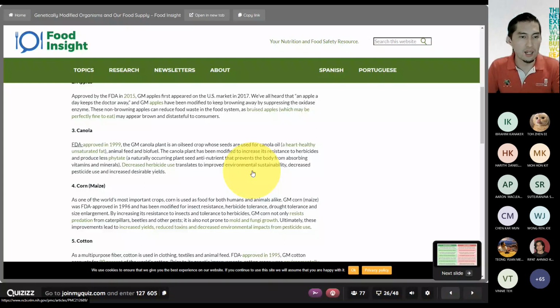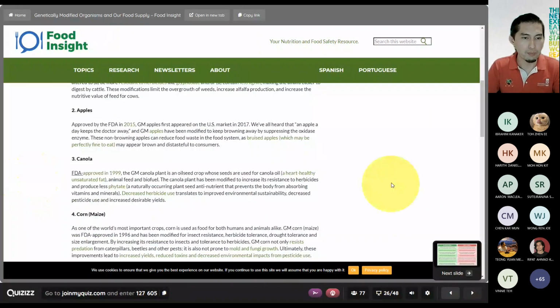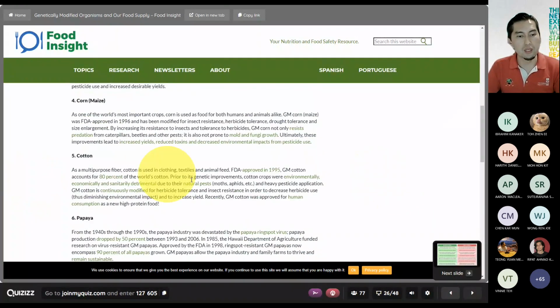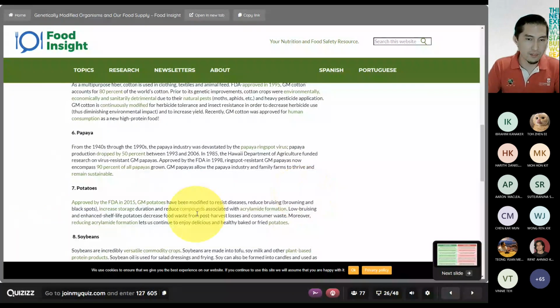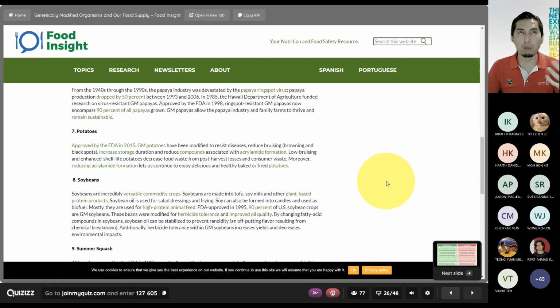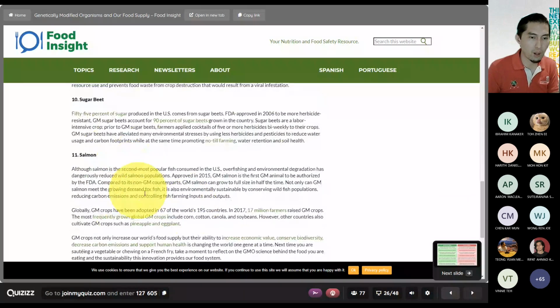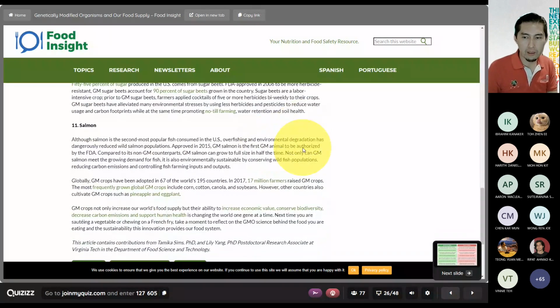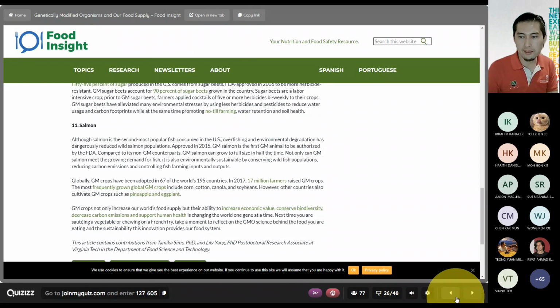So obviously, you see apples here, you see corn here, you see papayas here, right? You see potatoes here. If you really go and find out, there were a lot of issues with potatoes before, and how we see potatoes now is a huge change from what they were before. And all again thanks to biotechnology.